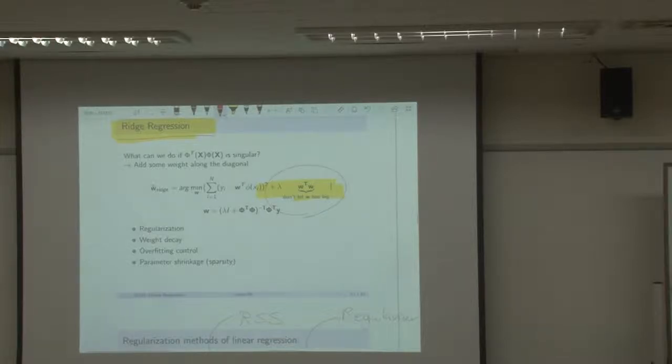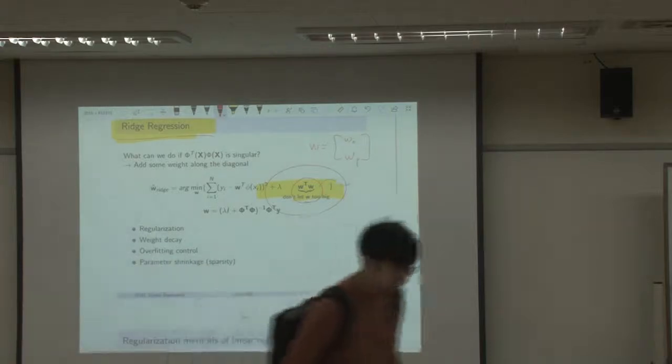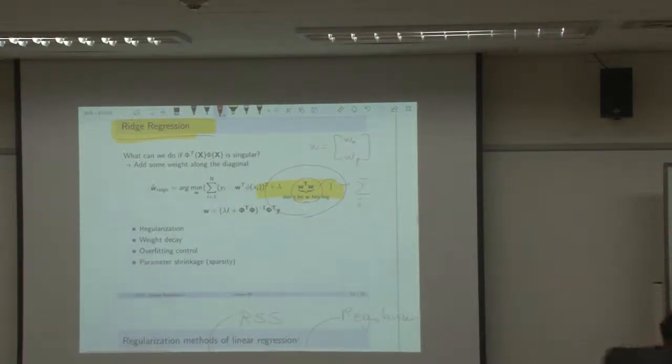So if I had to write this in terms of elements, let's say W, then this will be the sum over i from 1 through P of W_i squared.